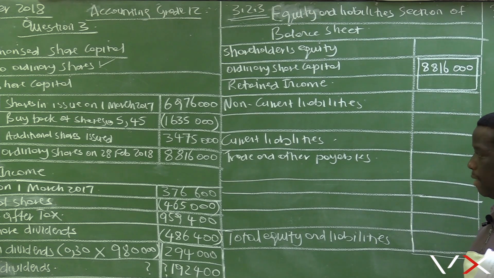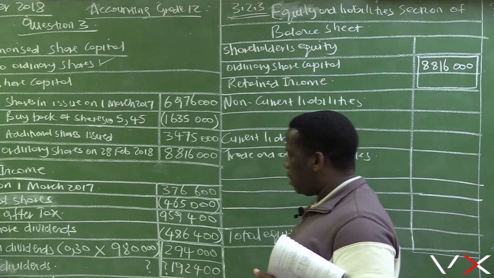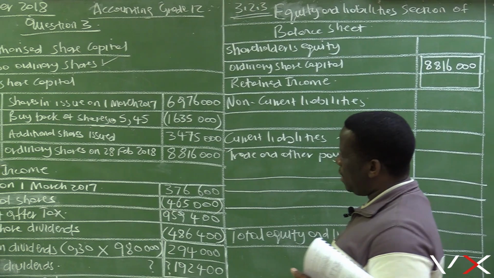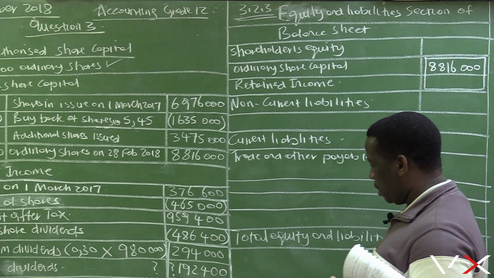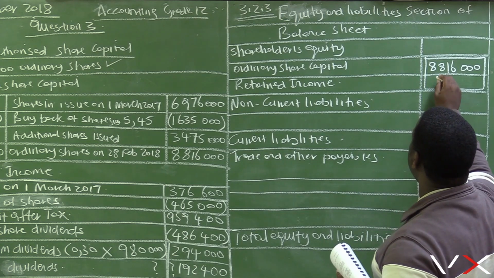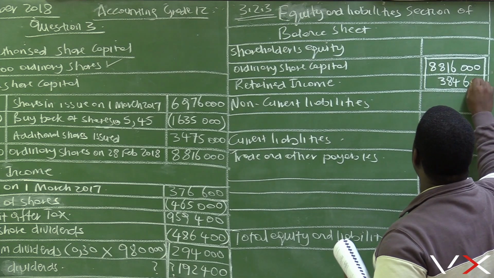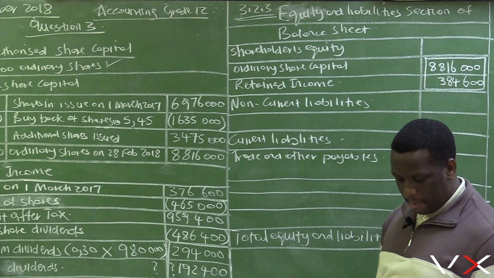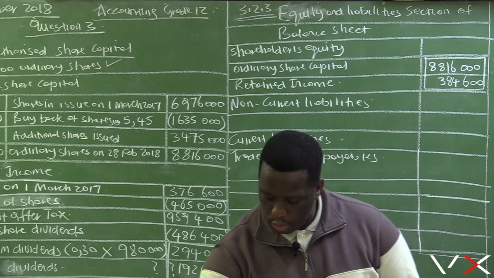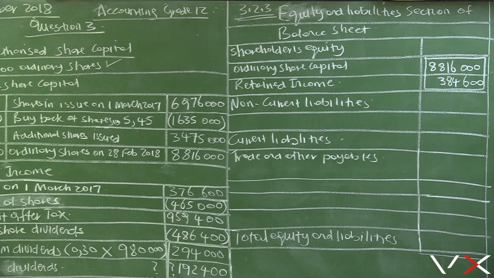That's the ordinary share capital total. And we also have the final answer of the retained income note, which is 384,600. So our retained income is 384,600.